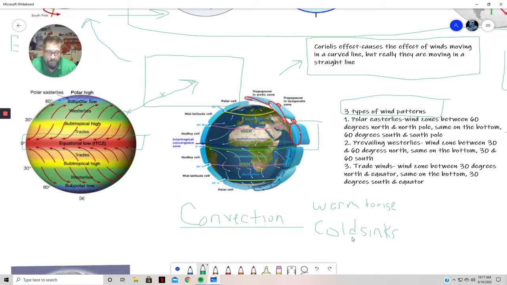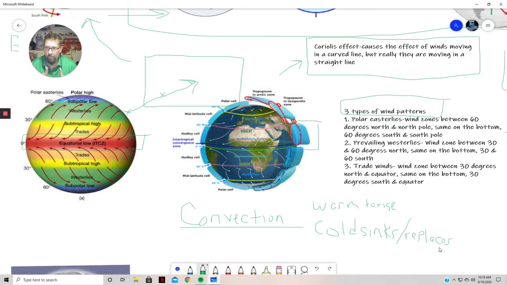Warm air rises, cold air sinks. And I'm going to put a slash because you could use either one of these words. I'm going to put the word replaces. What I mean by that is, if the warm air rises, something has to replace it. We always have air moving around us. Sometimes not at very much speed, but it replaces it.